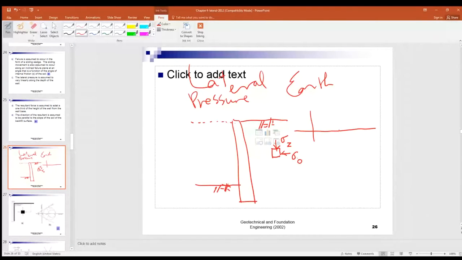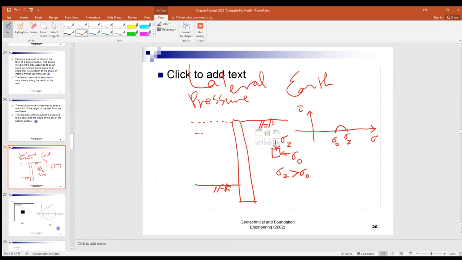You got the normal stress here, and here's the shear stress. So we got this point, sigma Z, and here sigma naught. So you can draw a Mohr circle to represent that state of stress for that soil element. Now, that's the original state, right?